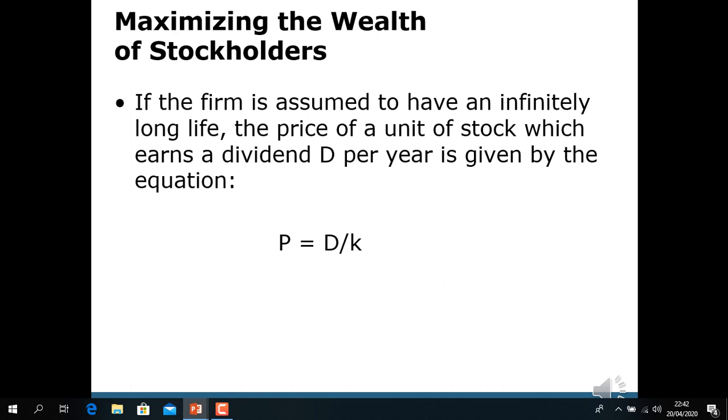If the firm is assumed to have an infinitely long life, then the price of a unit of stock which earns a dividend D per year is given by the equation P equals D divided by K, where P is price, D is dividend, and K is the discount rate.